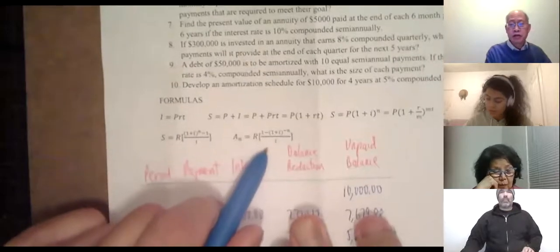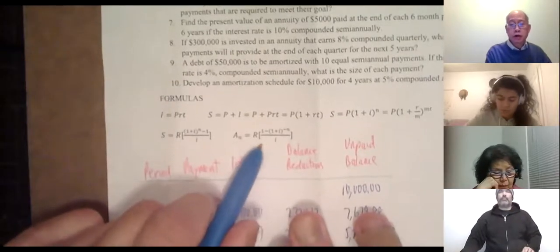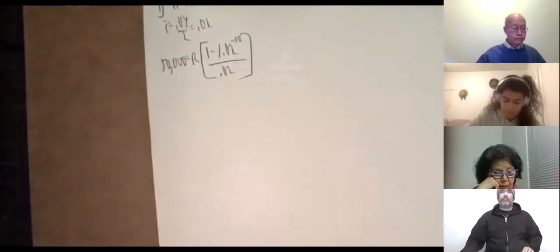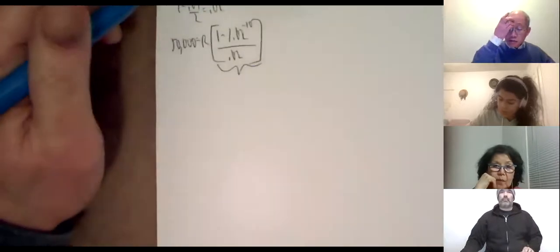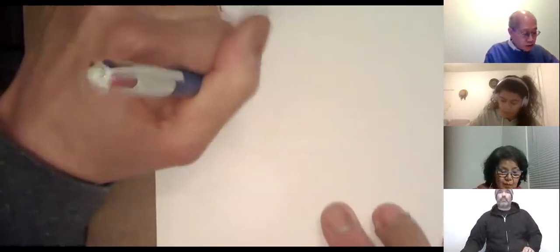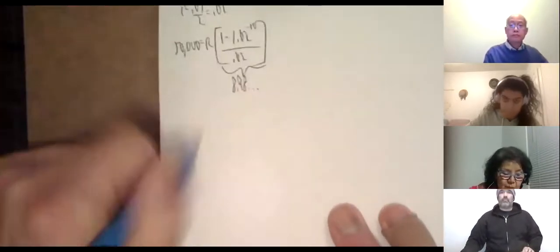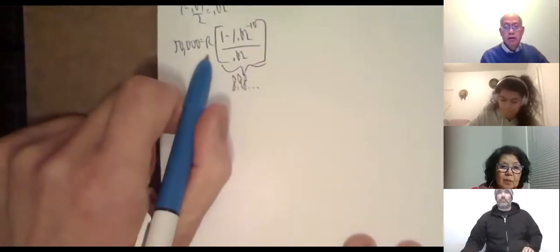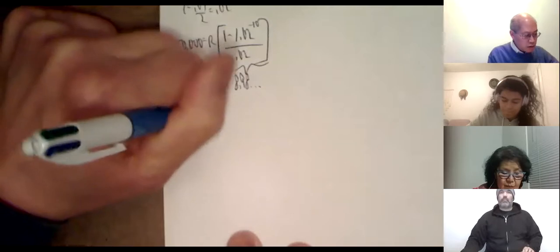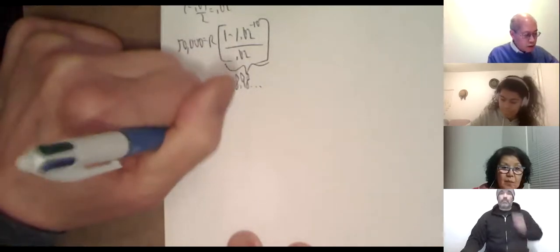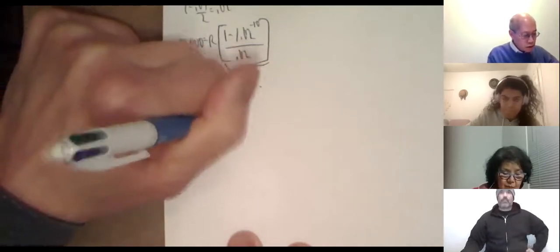If it's already there from test 2, then you're good. If you lost it or whatever, just write another one again. This stuff comes out to be about 8.98 times R. So just divide by 8.98 and you find R. So R is 50,000 divided by 8.98, approximately 5566.33.